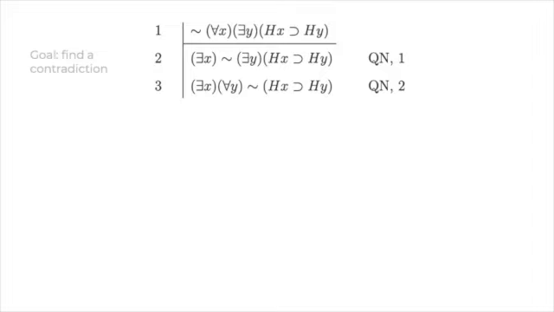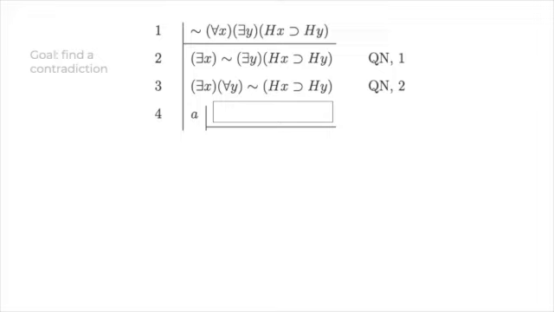To exploit this quantifier, we need to open a subderivation. So let's pick the first name that comes to mind. Let's say A, just to keep things interesting. The assumption, and pay attention here, is going to be a substitution instance of the existentially quantified sentence that we want to exploit.